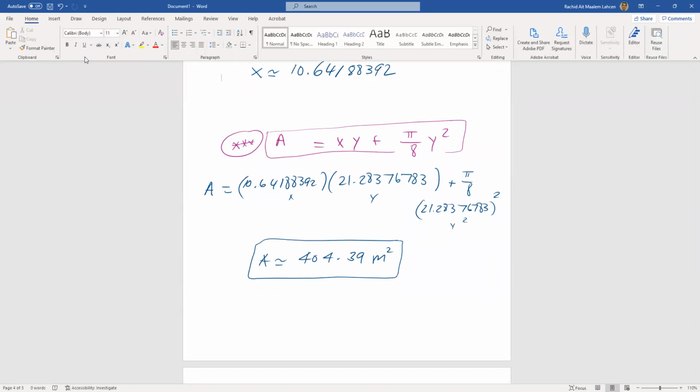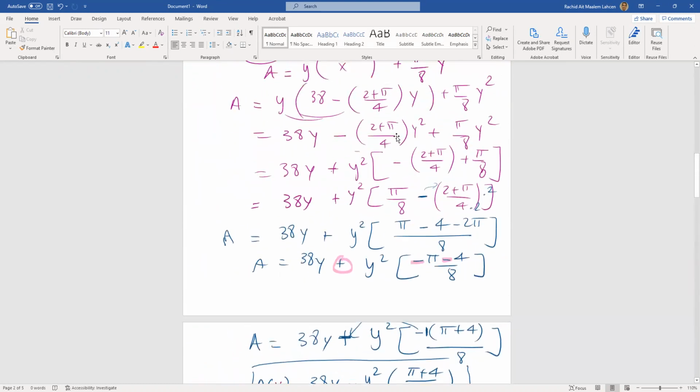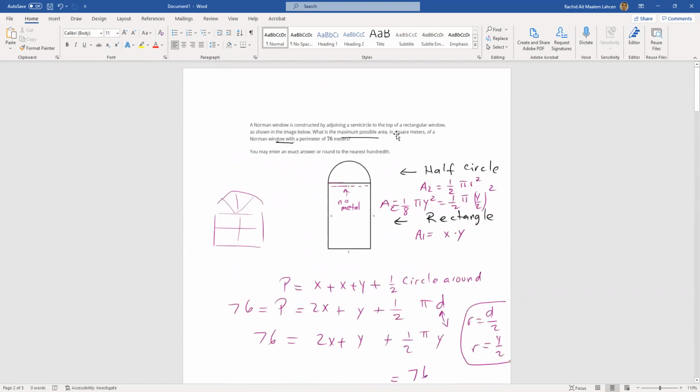All right, so the recap for the process, you can pause the video and see. We're maximizing an area of a window and we're using, let's say, some metal and creating the arc of a half circle on top of a rectangle.